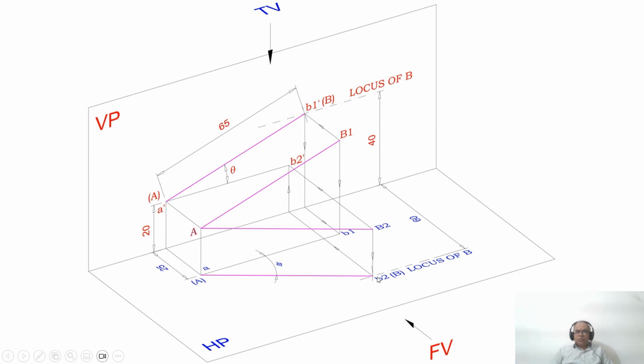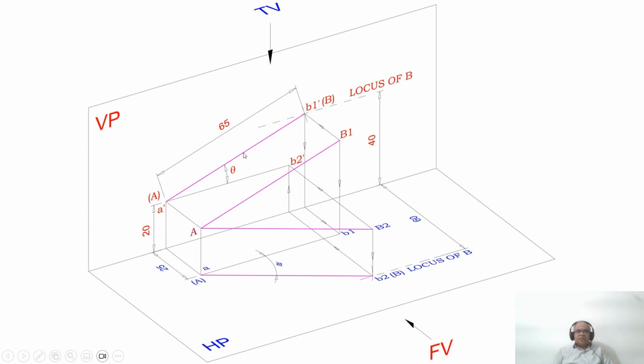Now I want to project this. We know that this line is the true length in the front view and this line is the true length in the top view. That is, A dash B1 dash is the true length line in the front view and small ab2 is the true length line in the top view. You know that this is the true length in VP. So this is the front view line.